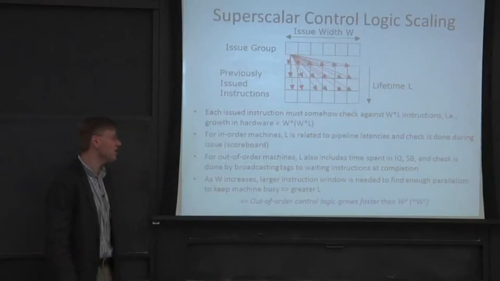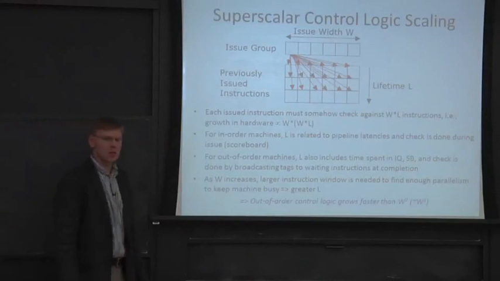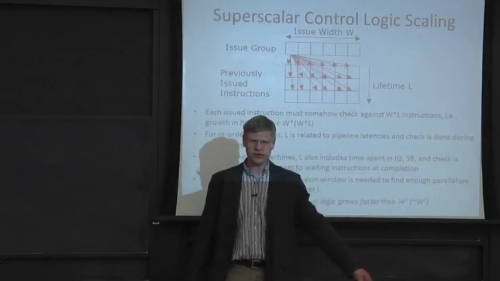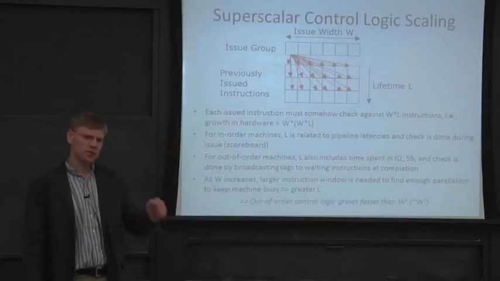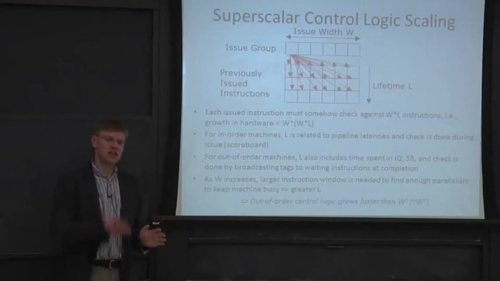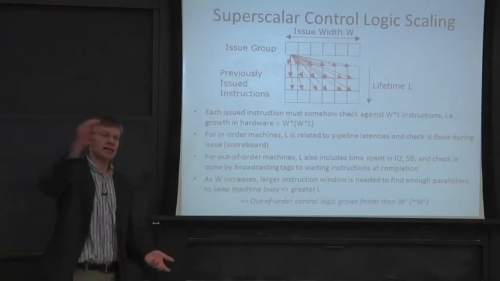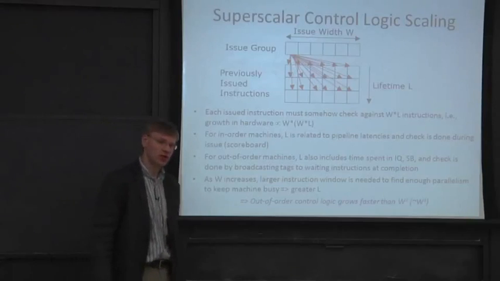Now these may be sitting in your instruction queue. We're not going to count if they actually get all the way to the reorder buffer, because by the time they get all the way to the reorder buffer, depending on how you build your processor, you probably don't need to continually check those against the other instructions that are coming. You've already broadcast that back to either your reservation station or your instruction queue to issue further instructions.